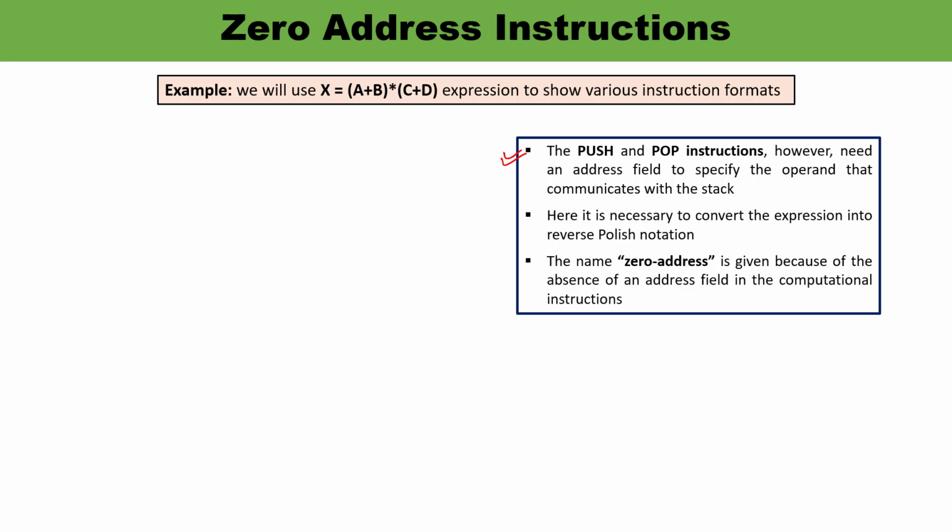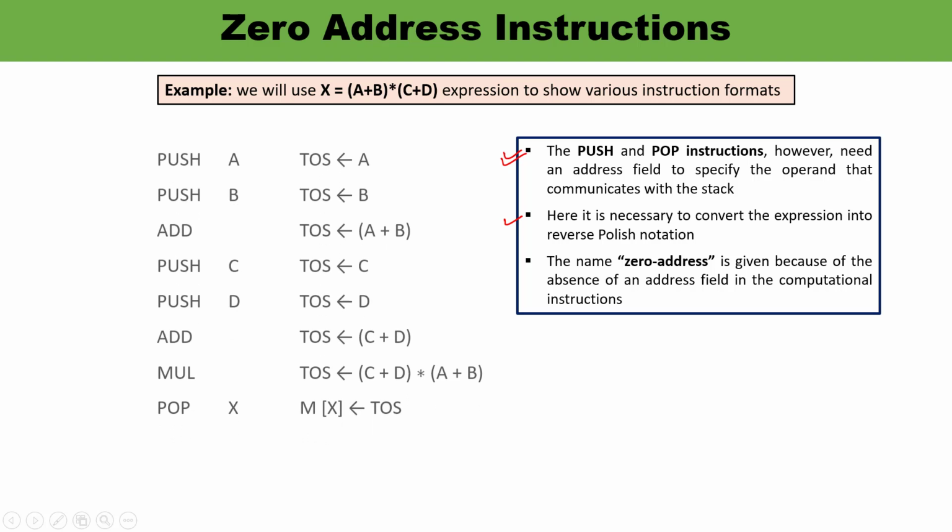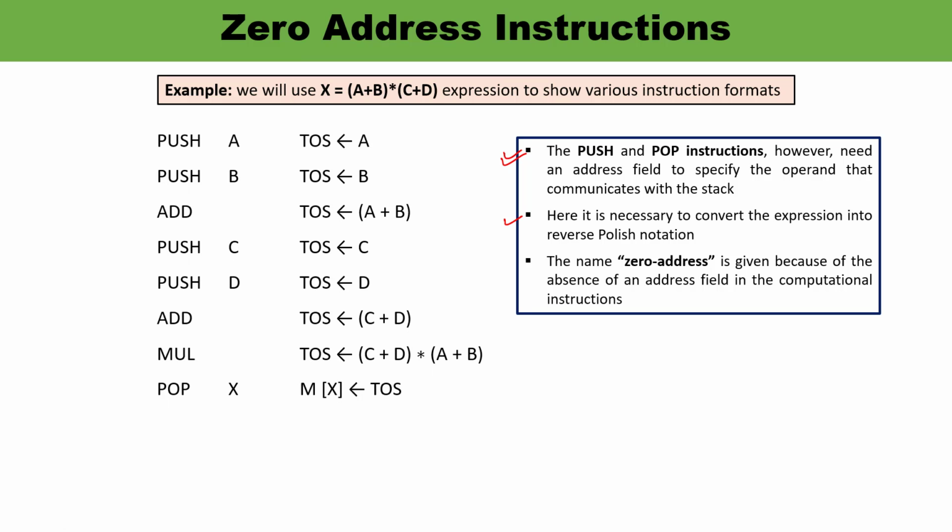And here it is also necessary to convert the given expression into reverse Polish notation, and you know how this particular expression will be converted. A, B, add this, then C, D, its addition, and finally multiplication. This is the reverse Polish notation, right?